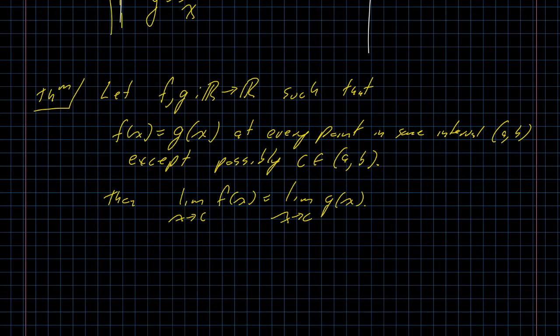Then the limit as x approaches c of f of x and g of x must be equal to each other, if they exist. So it's possible that both functions have a limit which does not exist, but if one has a limit which does exist, then the other one must have the exact same limit.